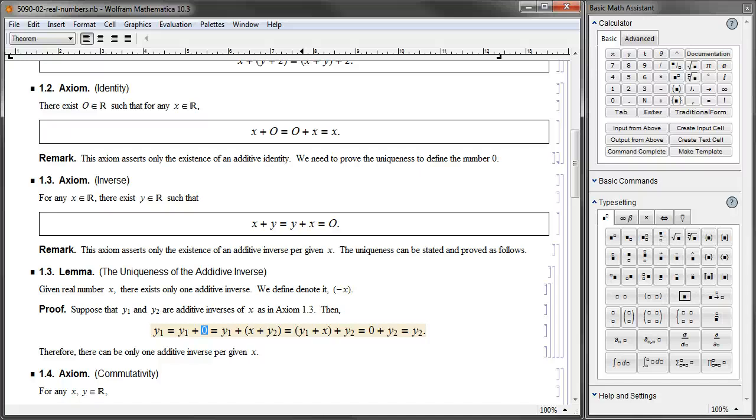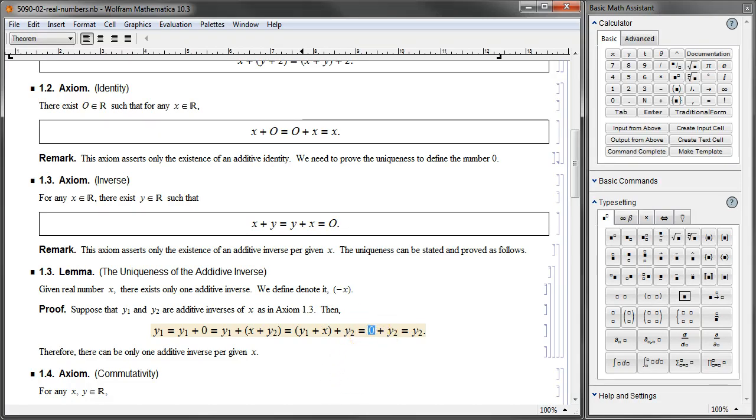Now, y2 is an additive inverse of x, so 0 is equal to x plus y2. And then we use the associativity. We change the order of addition through this grouping, and we end up with y1 plus x inside the parentheses. And please note that y1 is an additive inverse of x, so that is equal to 0. We get 0.